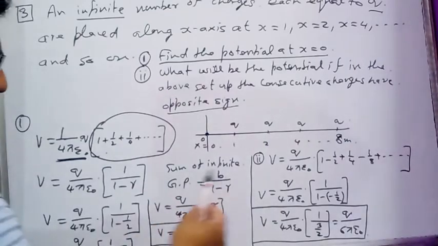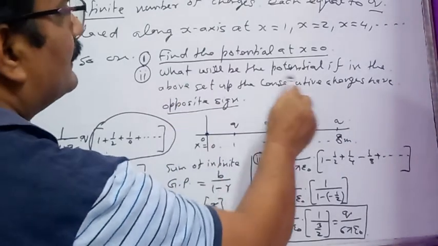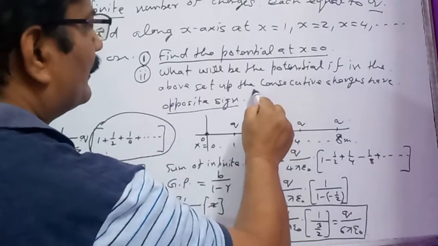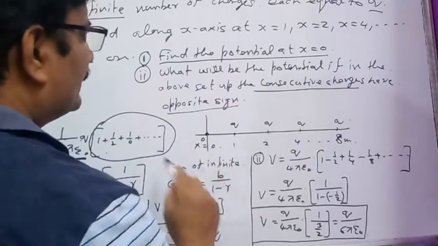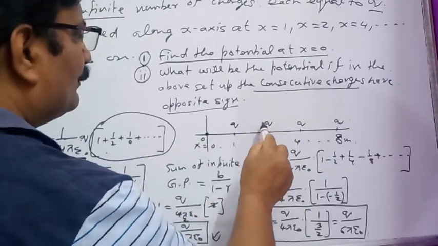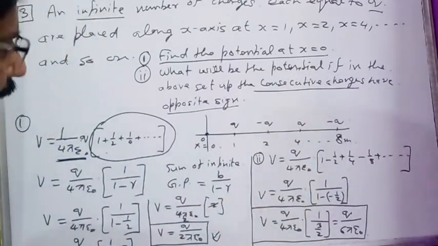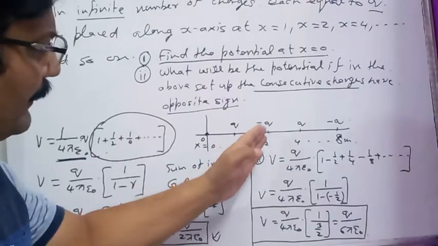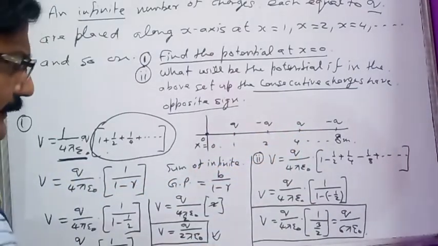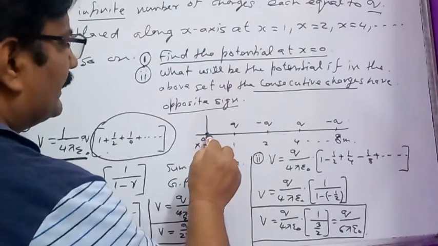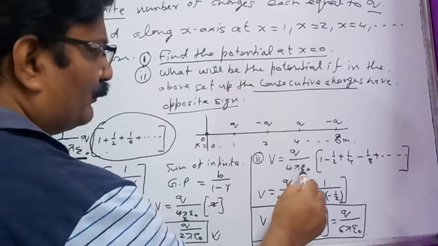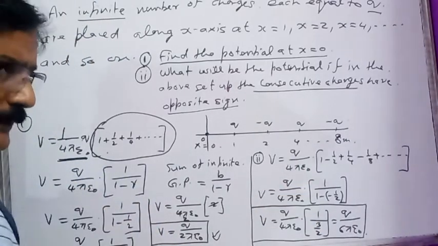Now in the second part of the question, if the consecutive charges have opposite signs, suppose this charge is positive q, negative q, positive q, negative q, like this, means alternate charges have opposite sign. In that condition, what can be the potential at the origin? Q by 4 pi epsilon naught, common as usual.